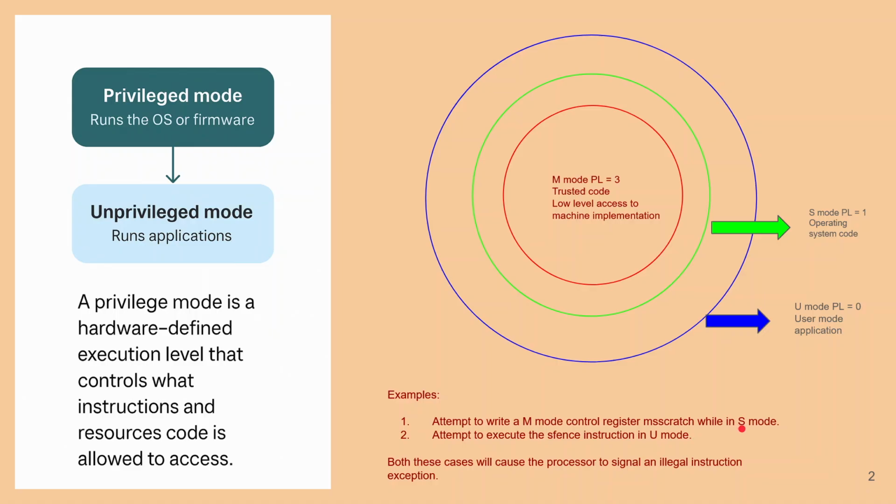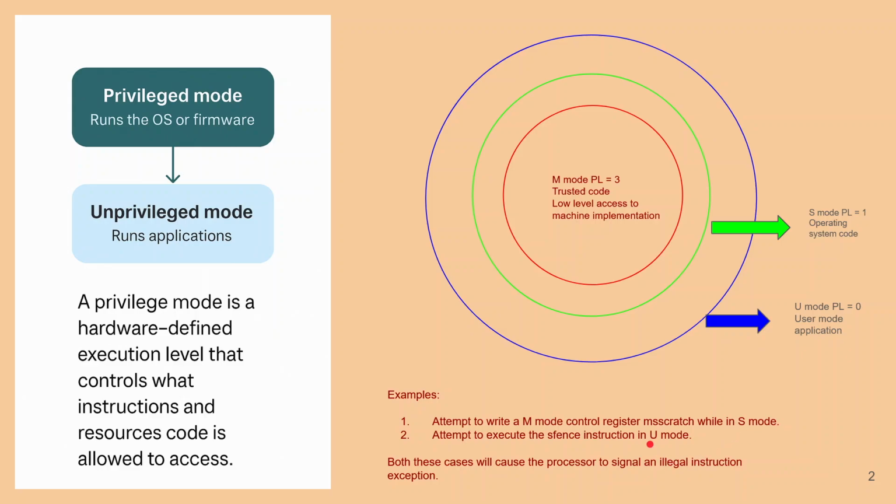Suppose we have code in supervisor mode which tries to access an M mode control register like mscratch. Since the code is running in a lower privilege mode, it cannot access the control register that belongs to the higher privilege mode. Such an access is disallowed by the processor.